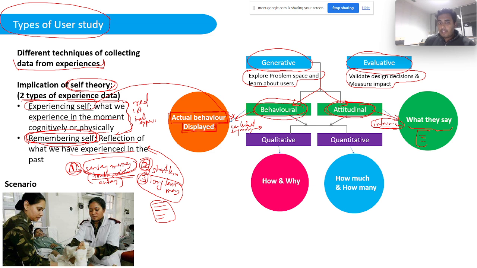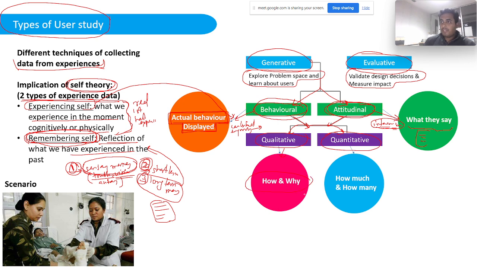Now, depending upon the nature of the data, these two types can be further divided into two types. One is qualitative and another is quantitative. If we are looking for information which is qualitative in nature, for example, we try to understand how things are happening, those are qualitative information.